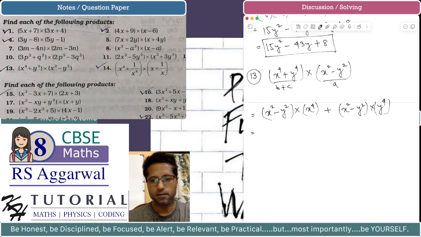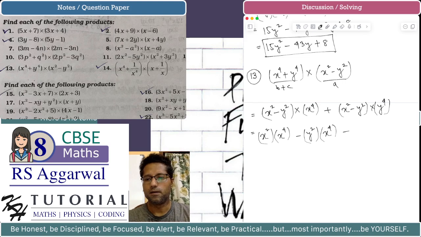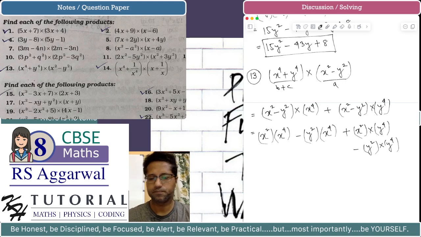This will be again x square multiplied by x to the power 4 minus y square multiplied by x to the power 4. And for the second product, it will be x square multiplied by y to the power 4 minus y square multiplied by y to the power 4.